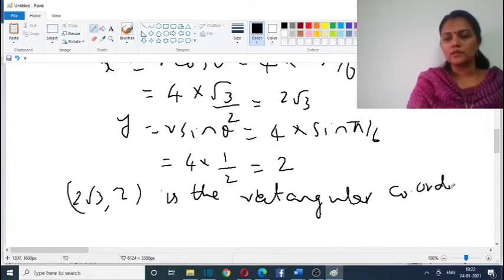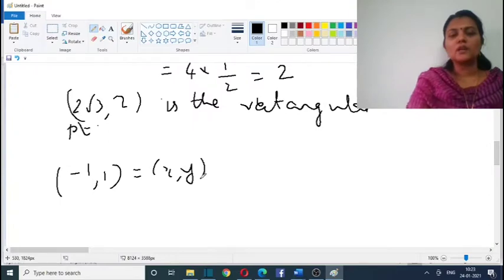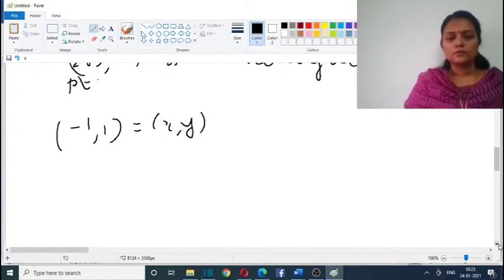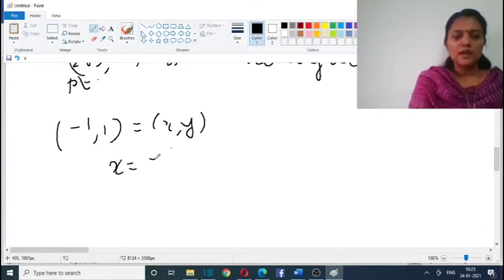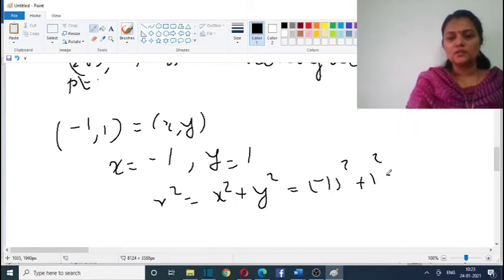Next we have the point (minus 1, 1). We have to convert this into polar coordinates. We have x equal to minus 1 and y equal to 1. So r square is equal to x square plus y square, which is minus 1 square plus 1 square, equal to 2.